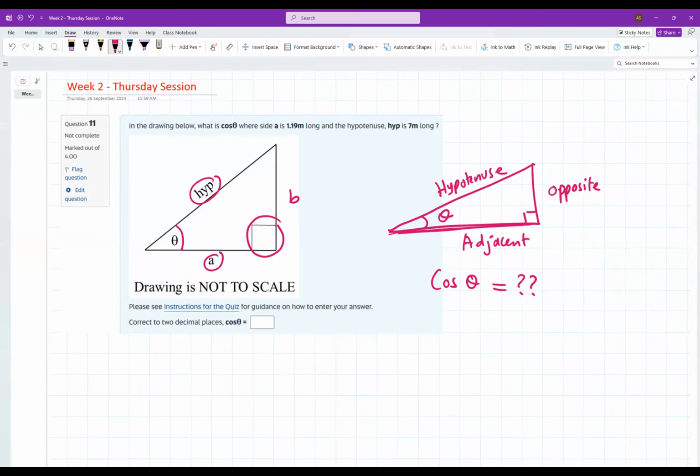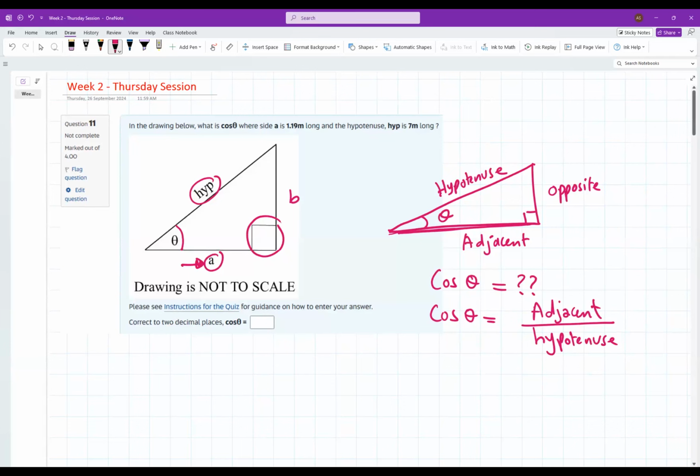Do you know what is the formula for cosine? The formula for cosine is the adjacent of the angle divided by the hypotenuse. So in this case, what is the adjacent?